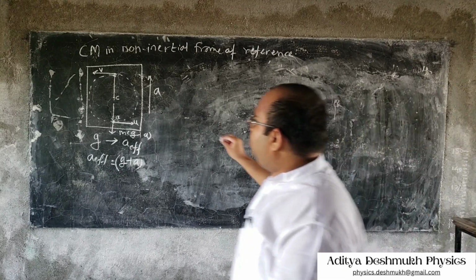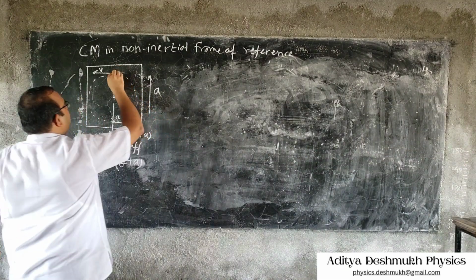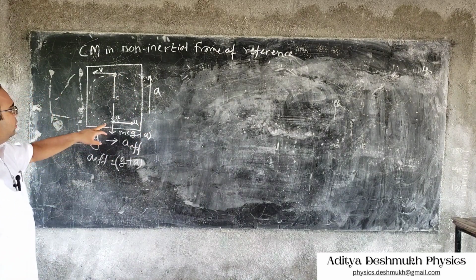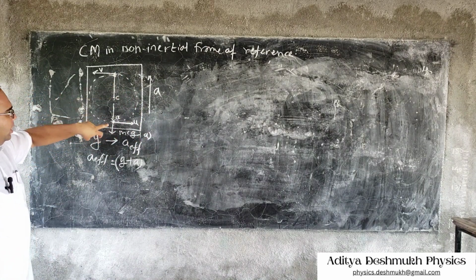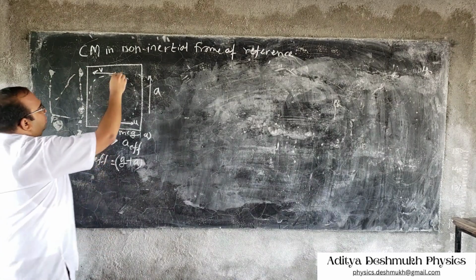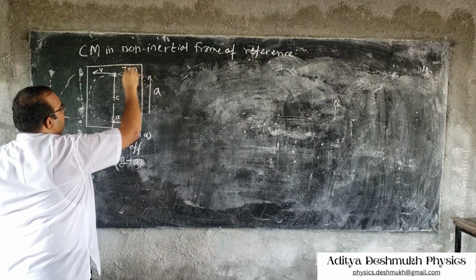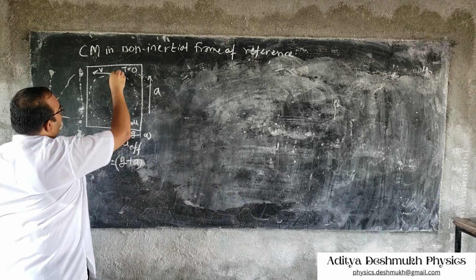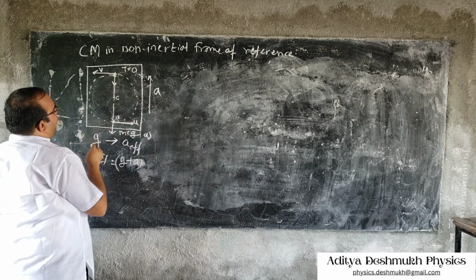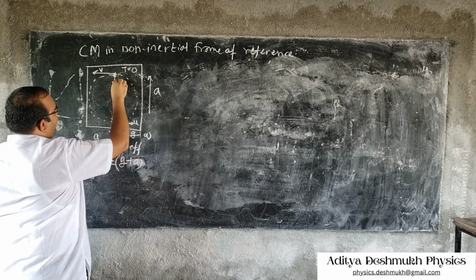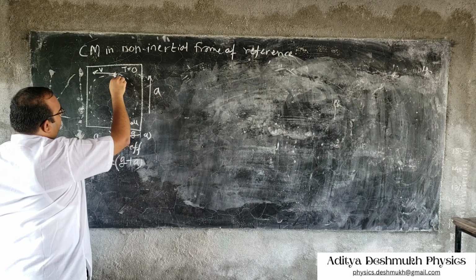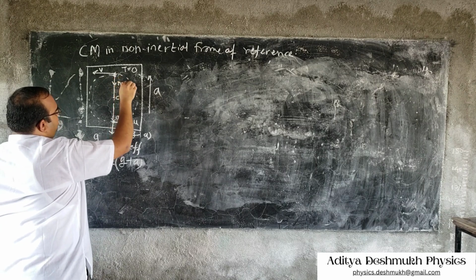So at the topmost position, for the particle to complete the loop, we know the limiting value is T equal to 0. And what will be the weight? Mass into g plus a.